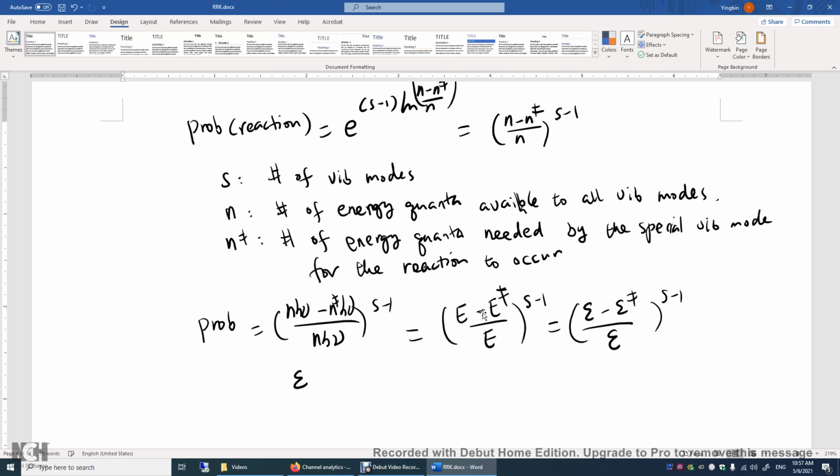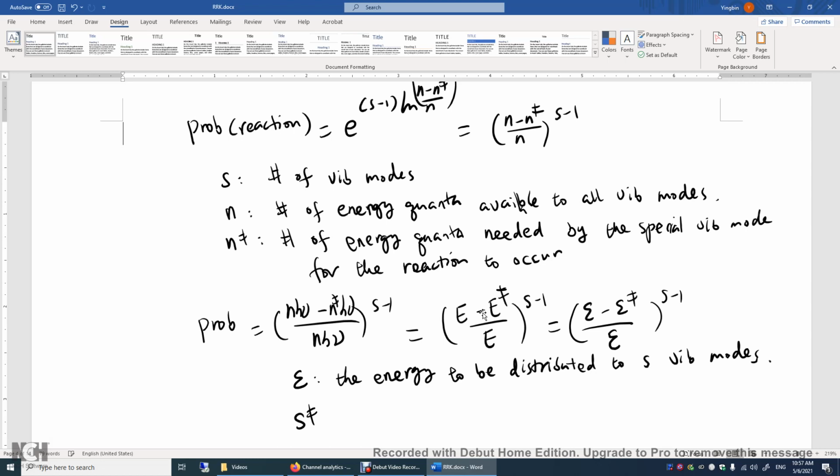So epsilon again is the energy to be distributed to S vibrational modes. We have S vibrational modes in this unimolecular reaction, or in this reactant molecule.